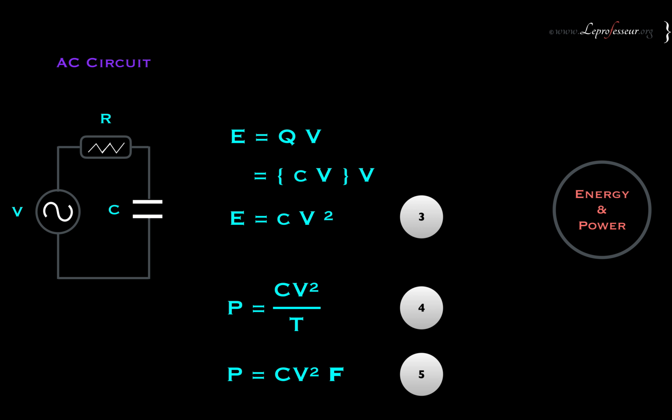Question number 5. So this is our dynamic power. F here is nothing but the inverse of the time. For whatever time interval we are talking about, let's say the capacitor is taking T time units to get charged up.